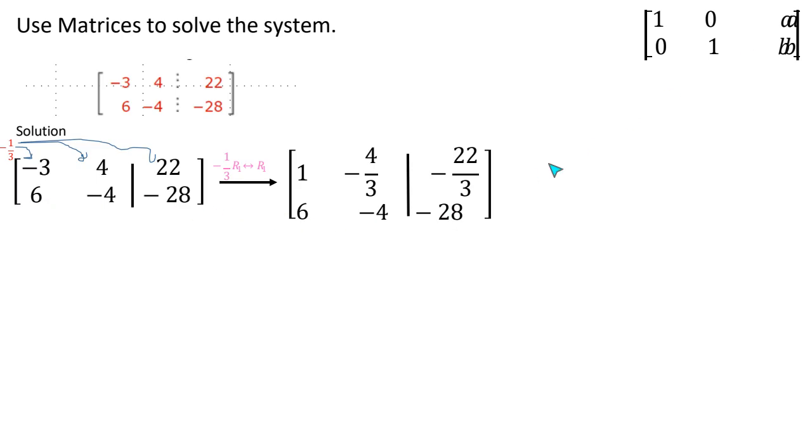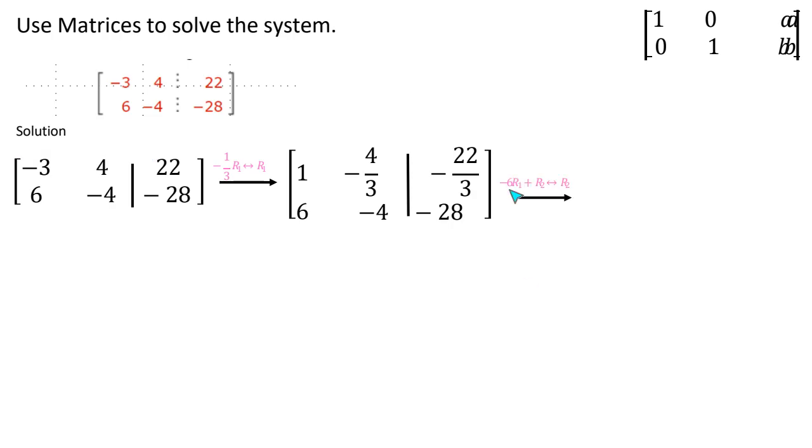Okay, so now that we have the 1, we need everything below it to be a 0. So I need to change this 6 to be a 0. Remember, if you want to make something a 0, we add it with the opposite. And so I need to multiply this 1 by a -6 so that -6 plus 6 would give me that 0.